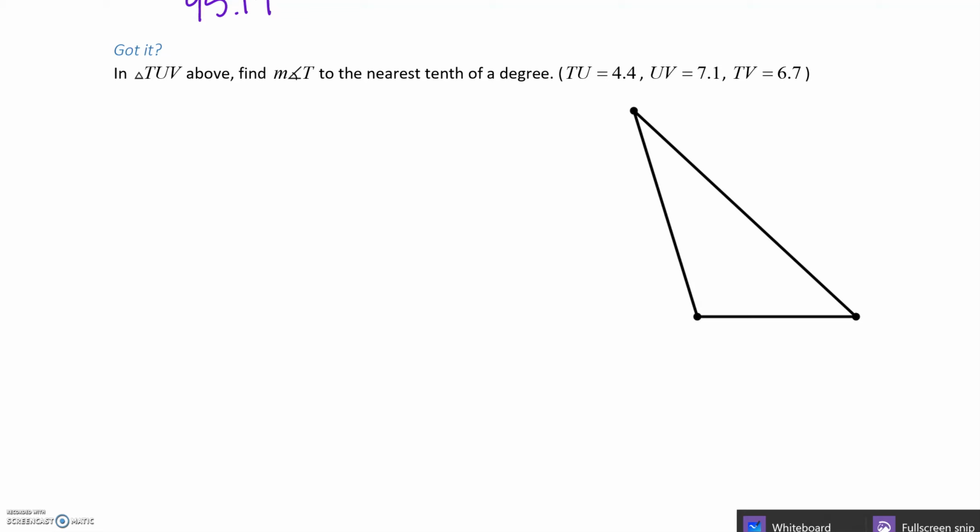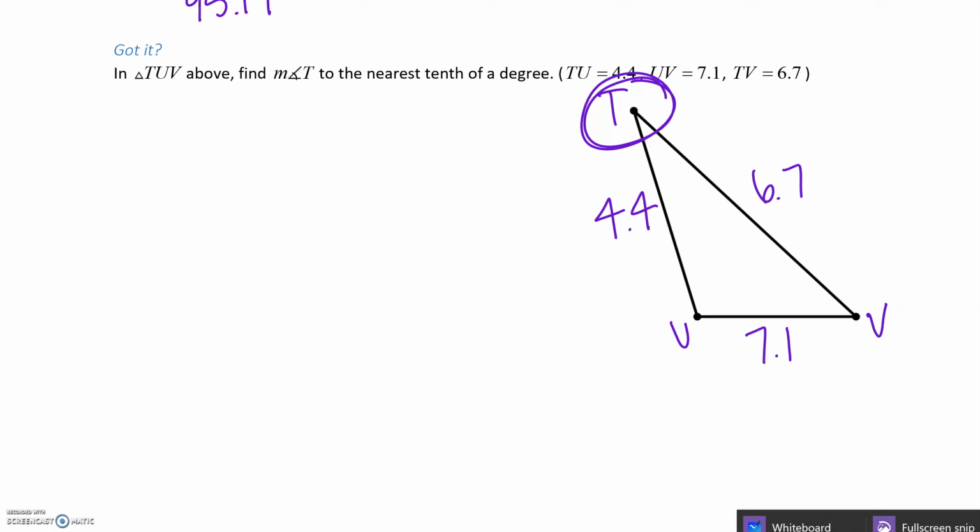And our last one, we're going to skip our last page. So if we still have this TUV, which is 4.4 and 7.1 and 6.7, now we are looking for the angle T. So remember, the side that's on its side by itself is going to be the one that's opposite the angle that we're looking at.